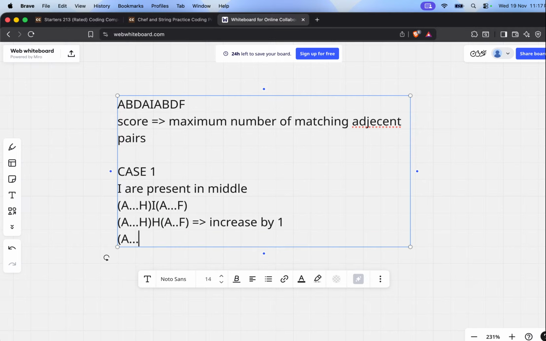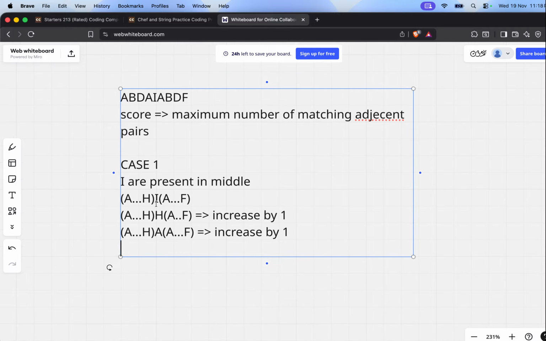What happens if we match it with the right character, that is the character present to the right of this I? Even then, the increase is of 1.